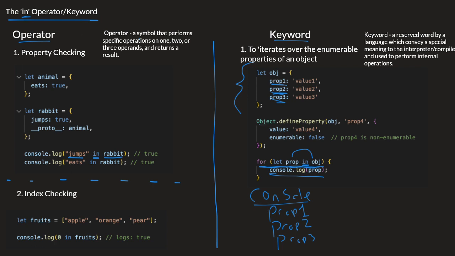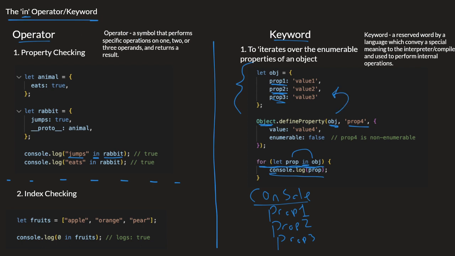This uppercase Object is a built-in constructor function. What that means in JavaScript is it's a predefined function provided by JavaScript itself that we can then use to create new objects of a certain type. So we are using it to add another property called prop4 to our object, which is called obj, right here.